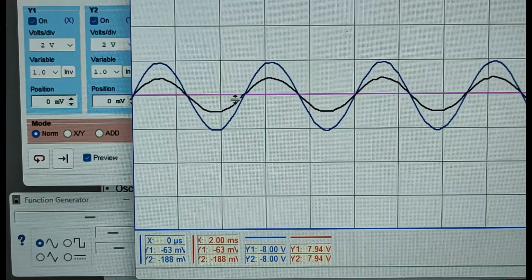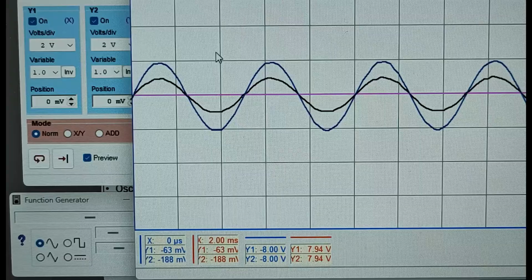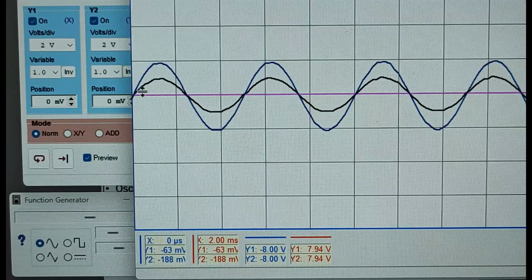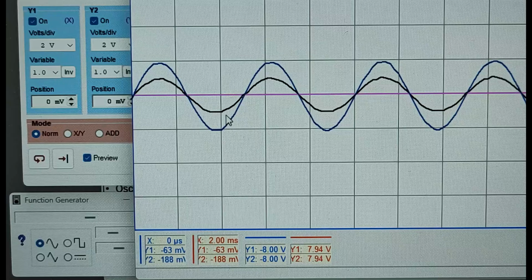There's no actual inversion, unlike in the inverting op-amp circuit, where the output is an inversion of the input. When the input is positive, the output is negative, and when the input is negative, the output is positive. Here it is not. So you can see right here, no actual inversion. So it's a non-inverting operational amplifier.